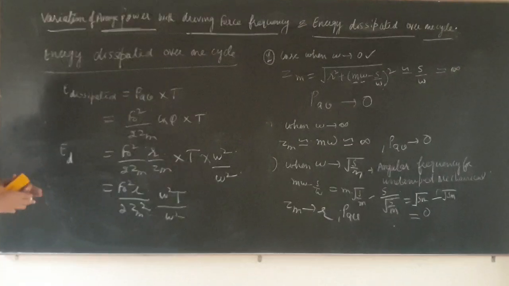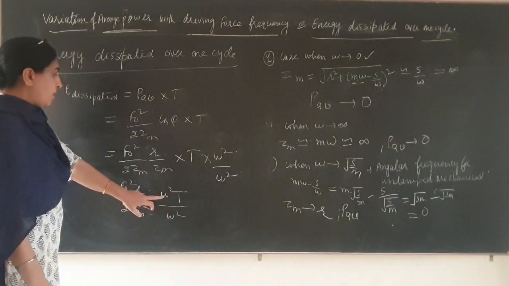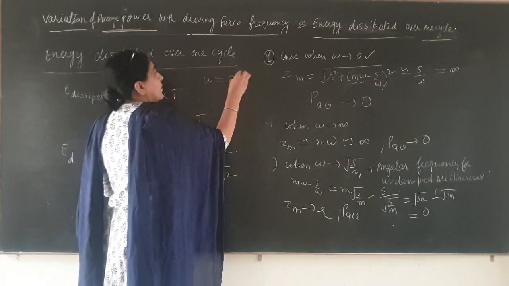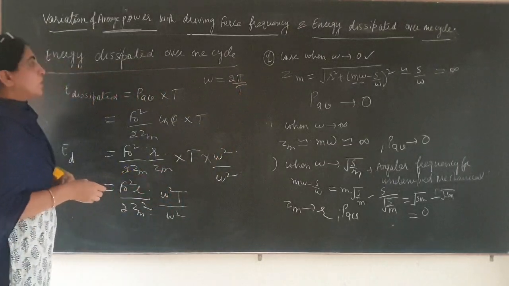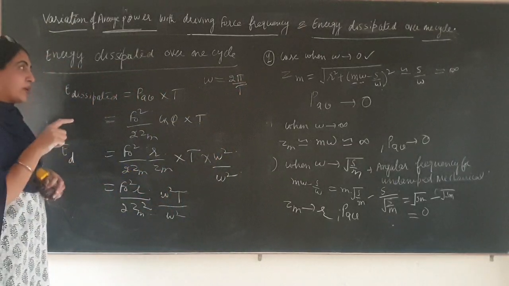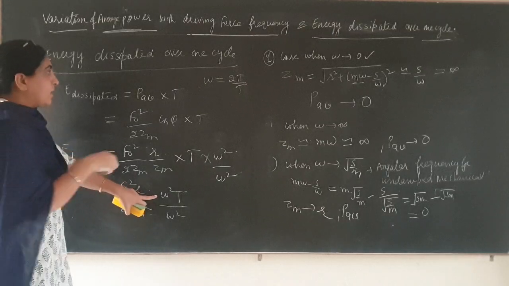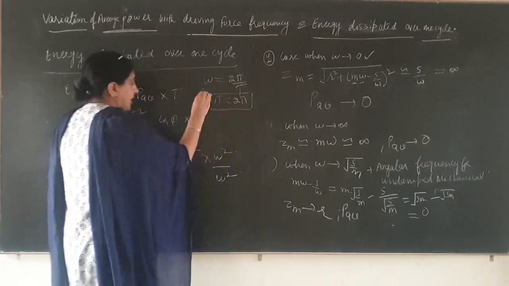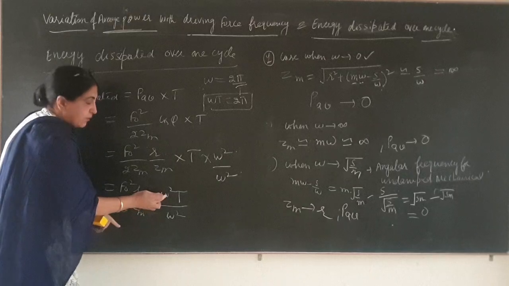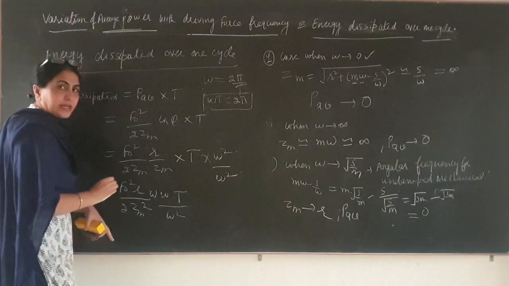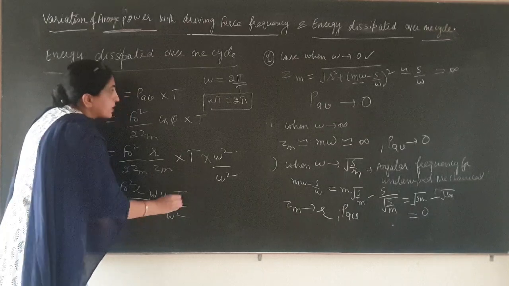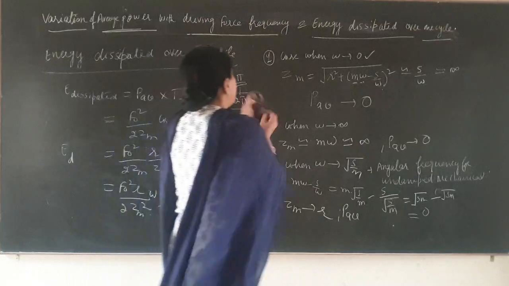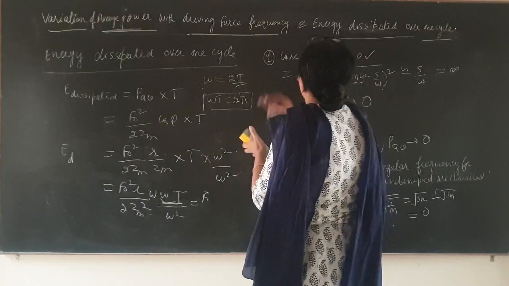And for omega square T, we know that omega is equal to 2 pi over T, so omega T is equal to 2 pi. We write omega square as omega into omega, and put omega T equal to 2 pi.